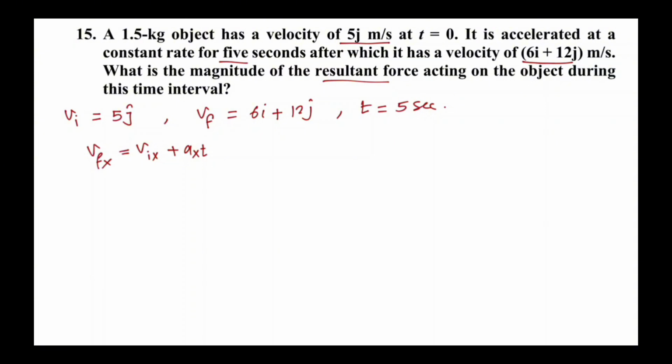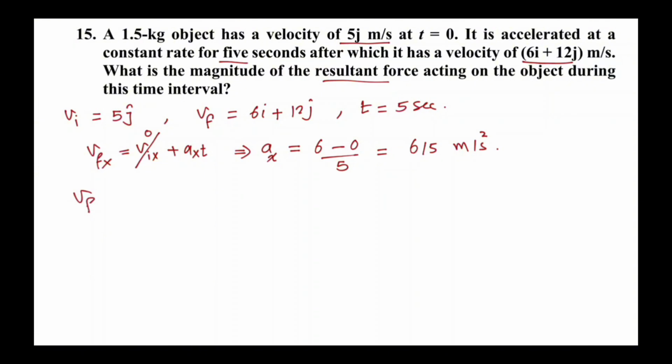So let's calculate here ax. Now V final x equal to V initial x plus axt. Now initial x is 0 in this case, and ax equal to 6 minus 0 divided by 5, or 6 over 5 meters per second squared.